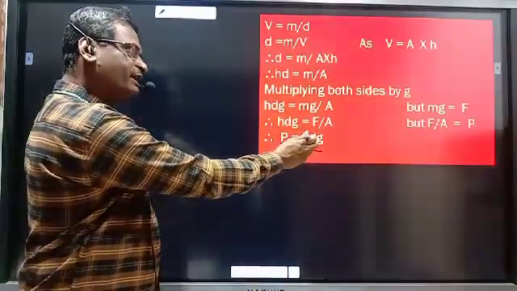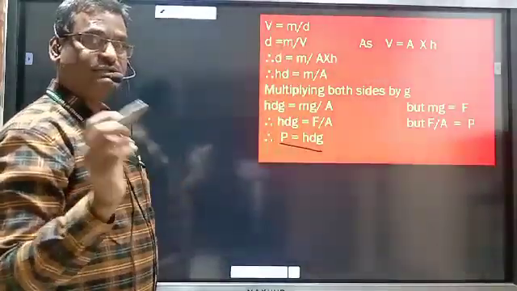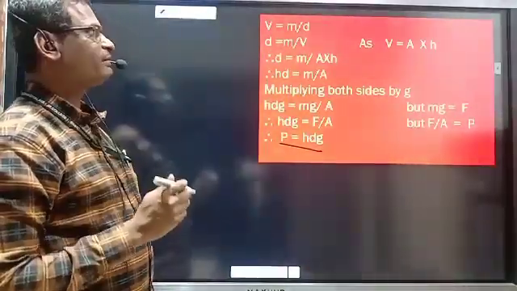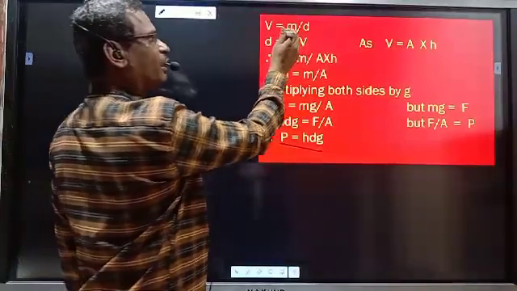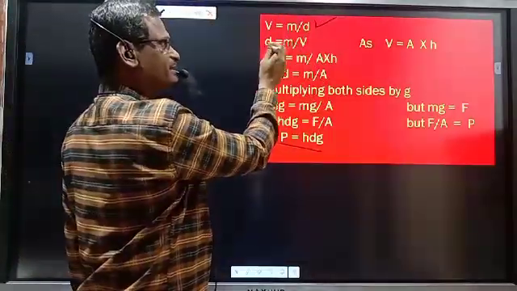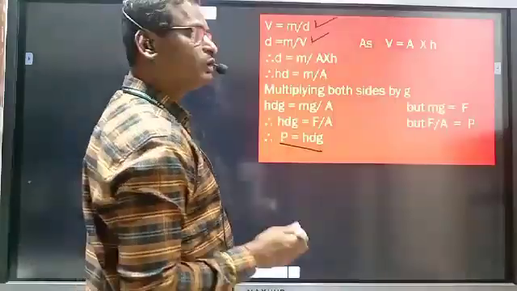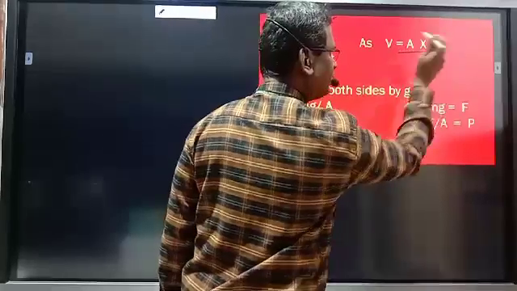Why is P equal to HdG? See from this equation. It is not given in your book, but that is an important part. We know volume is mass upon density, so density is mass upon volume. Volume is area into height.